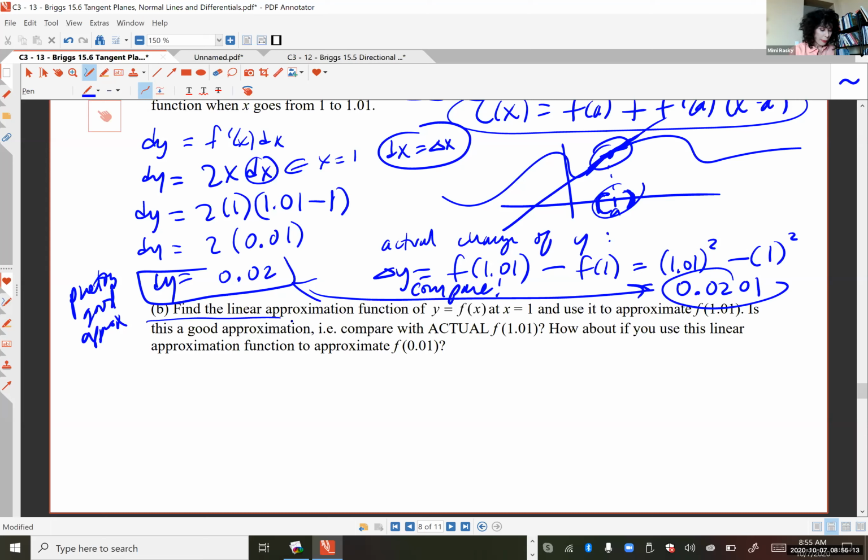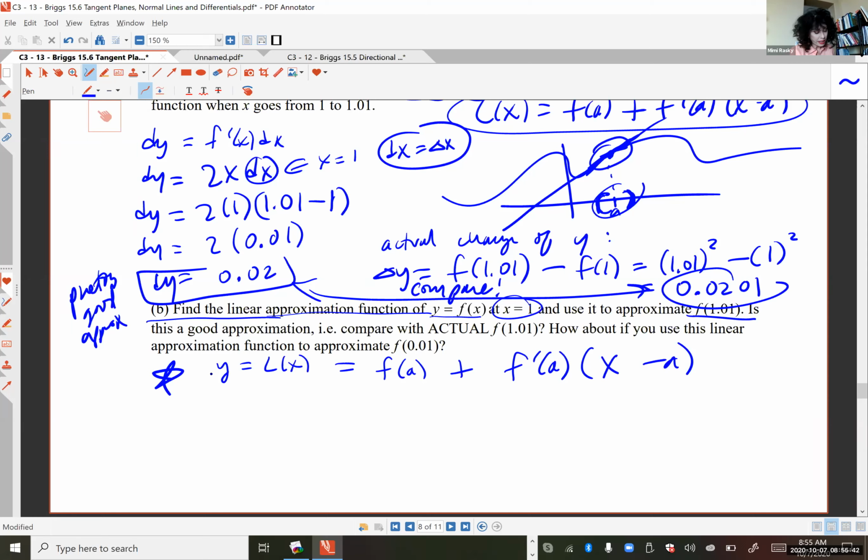So here we go. We're going to find the linear approximation function of y equals f of x at the point when x equals 1. That's a Calc 1 problem, folks. They're basically asking you to find the tangent line equation and use it to approximate f evaluated at 1.01. So if we use this idea of the linear approximating function, you have f of a plus your derivative evaluated at a, times x minus a. This is basically the equation of the tangent line.